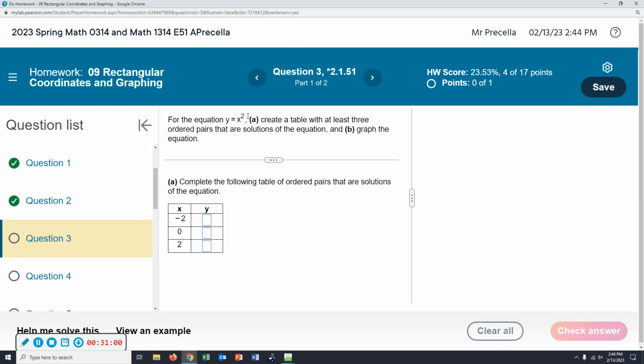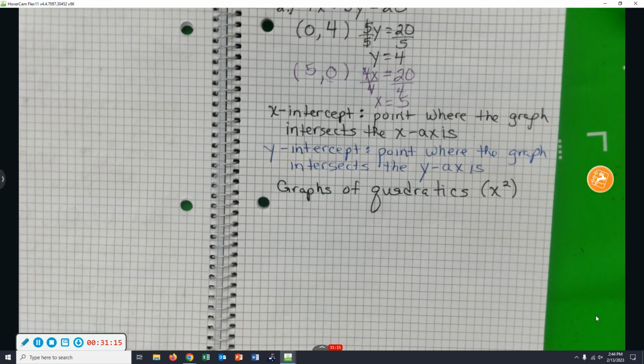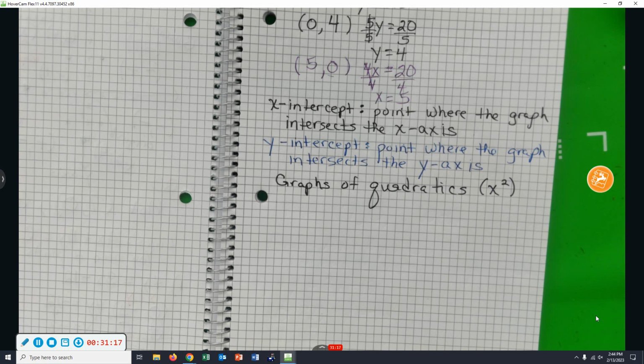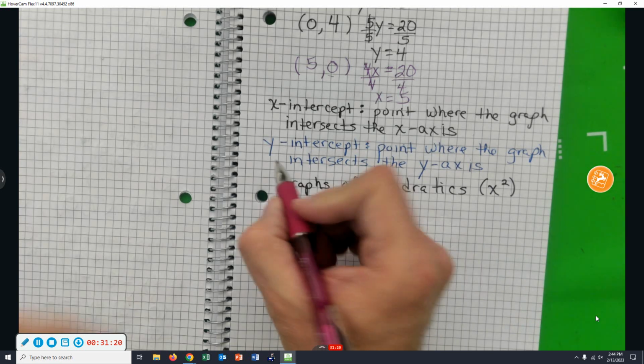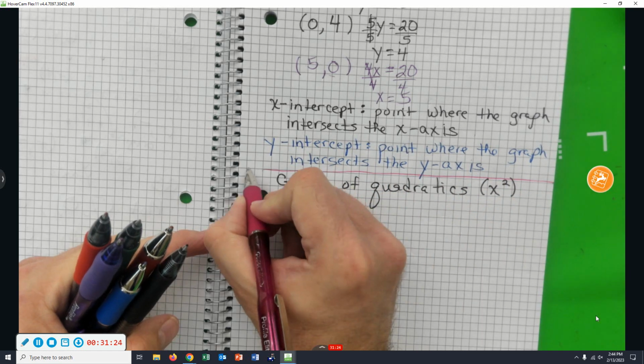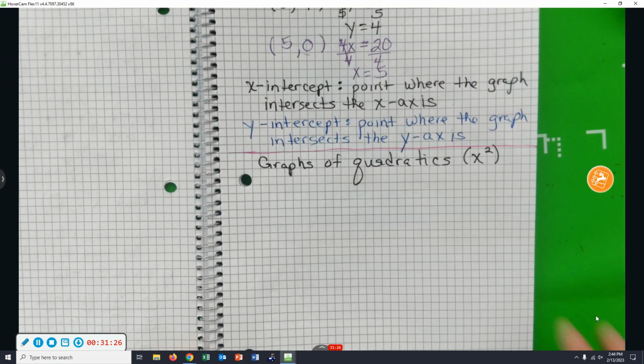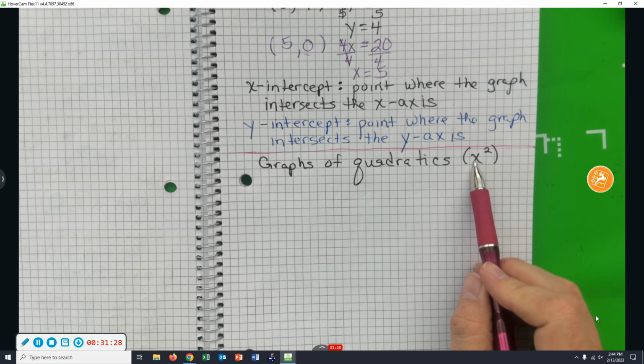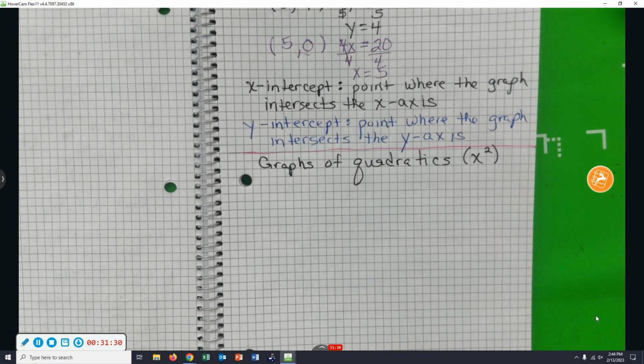Graphs of quadratics. We've used that word before. Quadratic means that there's an x squared in the equation.